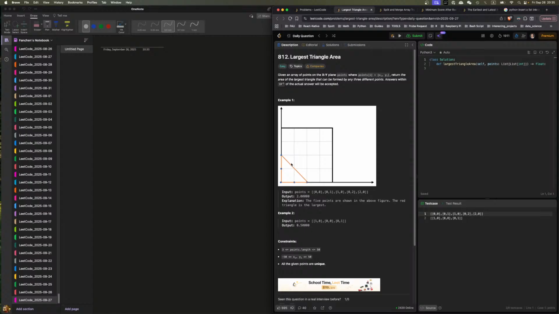Return the area of the largest triangle that can be formed by any 3 points.